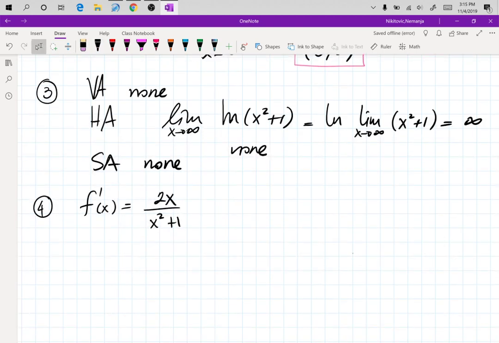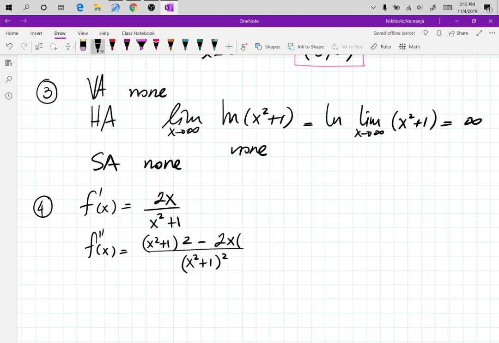All right, so now we need the second derivative. For that we can use the quotient rule. The denominator is x squared plus 1, squared, and the numerator is x squared plus 1 times 2 minus 2x times 2x.